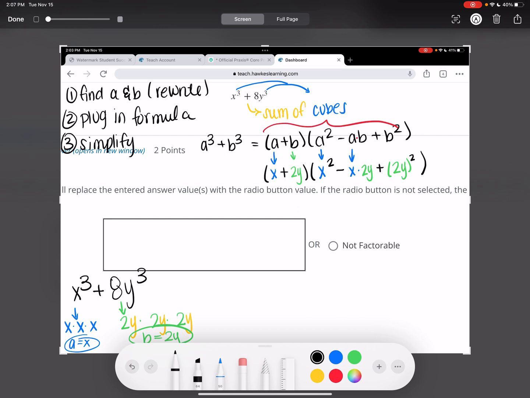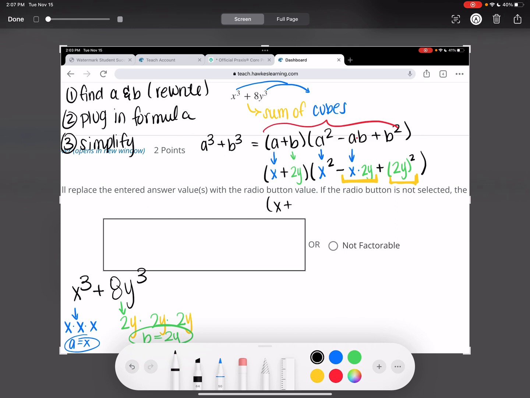I mean just square some stuff or multiply. In this specific problem, I only need to simplify here and here. Nothing else simplifies in terms of x, 2y, x squared. I can't rewrite anyway. So I'm just going to copy those back down.